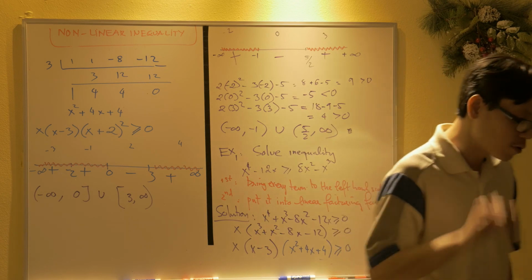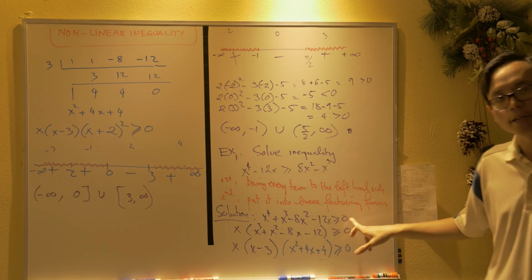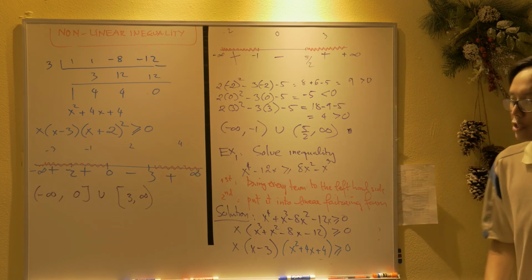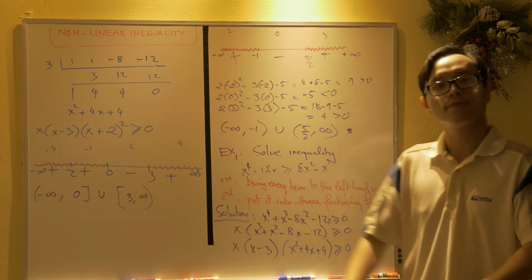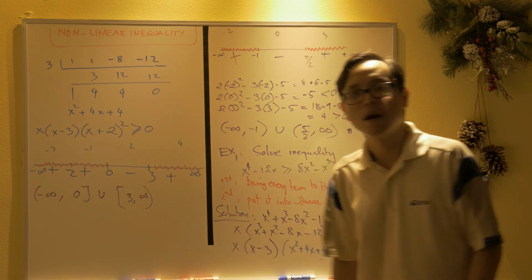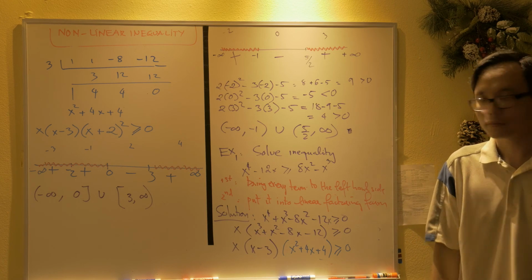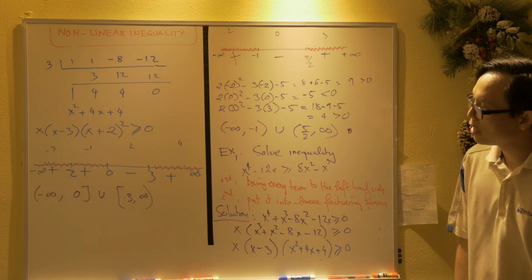Remember that if it gives you a polynomial that's not in linear factoring form, your job is to bring it into linear factoring form. If it's already in linear factoring form, which is very easy, you just set up the table and put the values on the number line. But if it's not, then you have to factor.